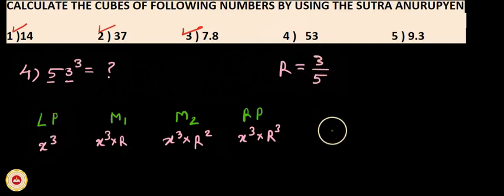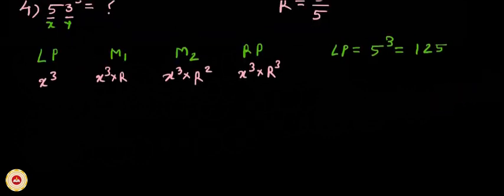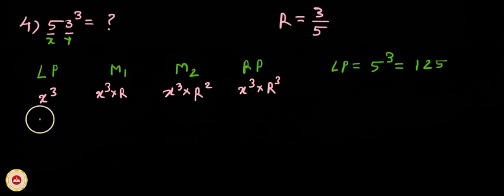Now let us calculate the left part. What is the left part? See, this is x and this is y. Left part is x cubed, that means 5 cubed, which is equal to 125. Correct? So write 125 in the left part. What is middle part 1?